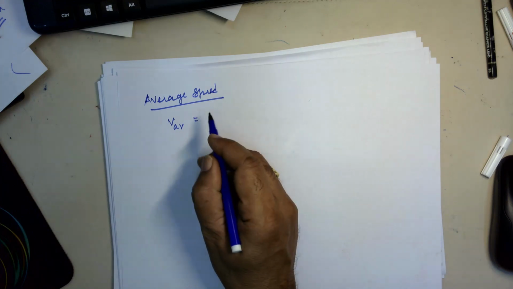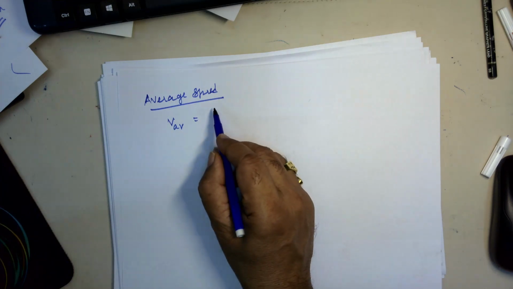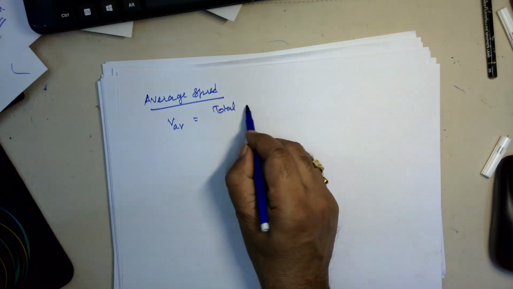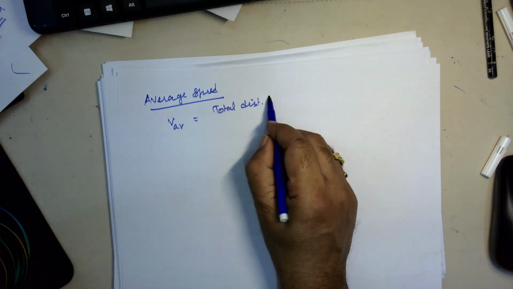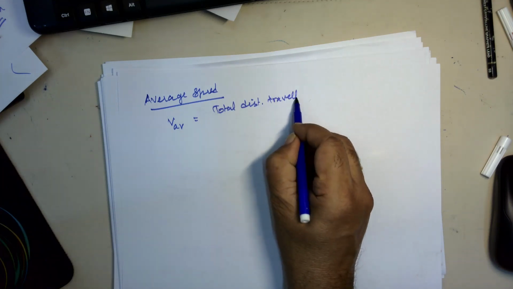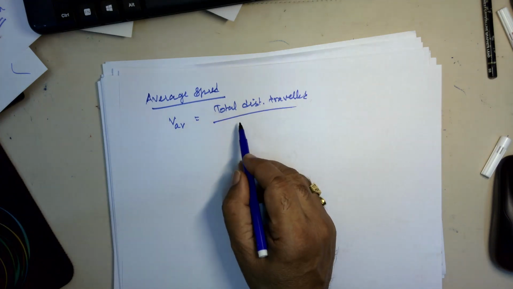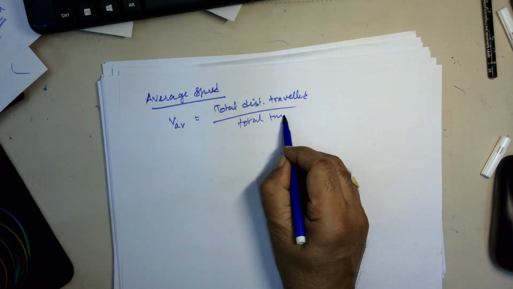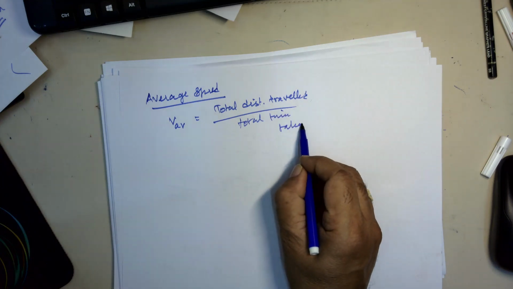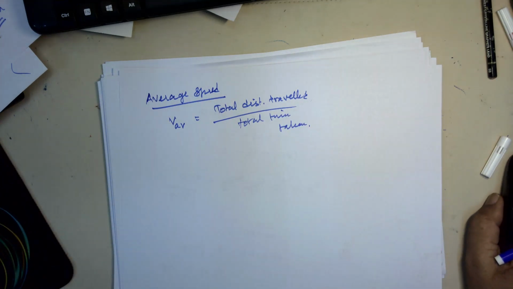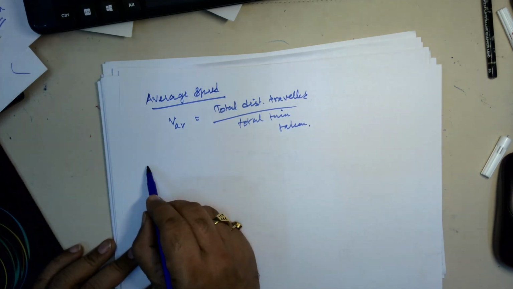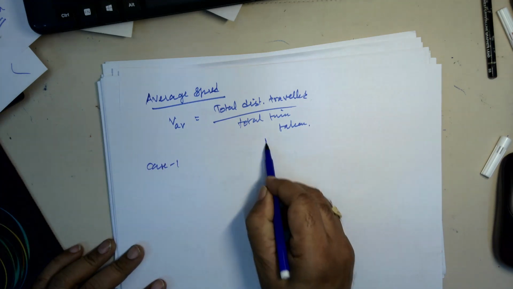This is given by the total distance traveled divided by the total time taken. Okay, let us consider two cases, case 1 and case 2.